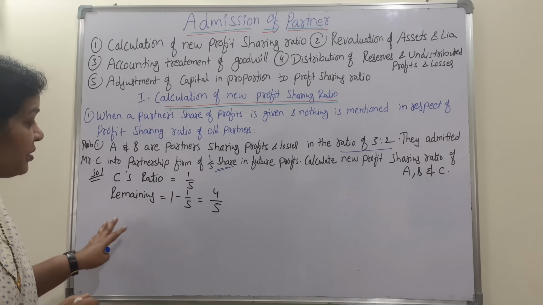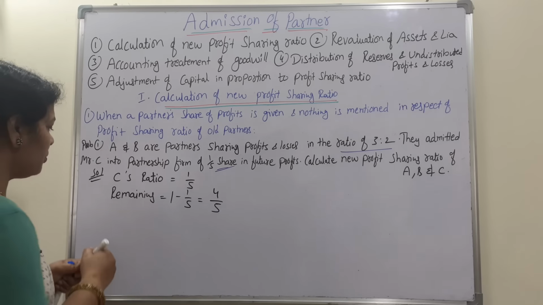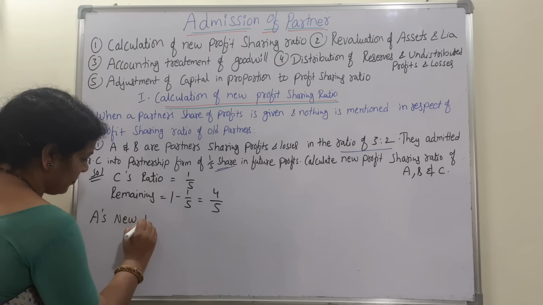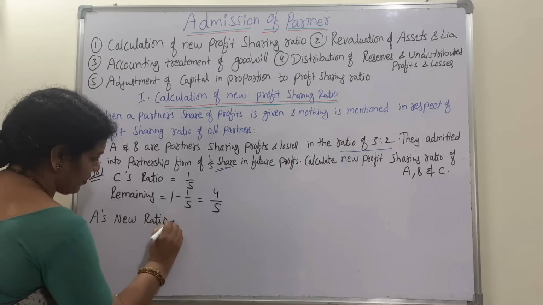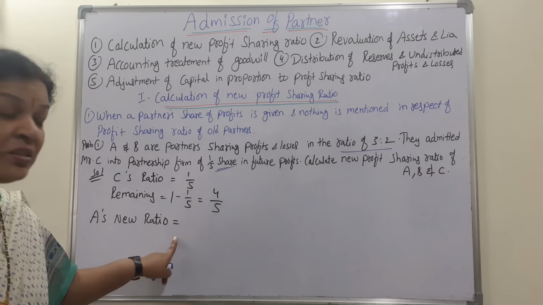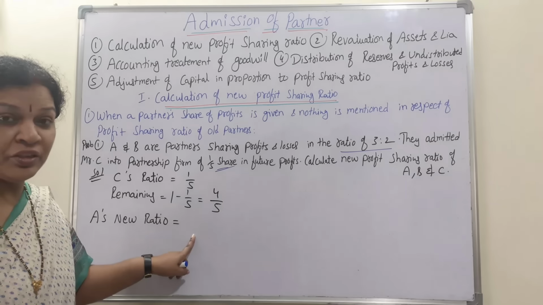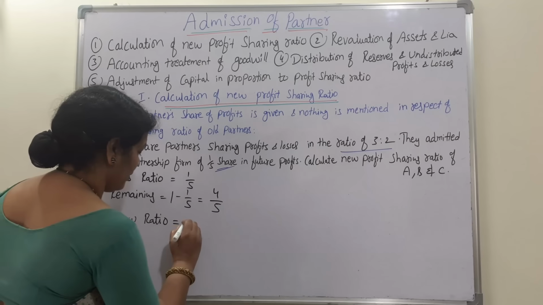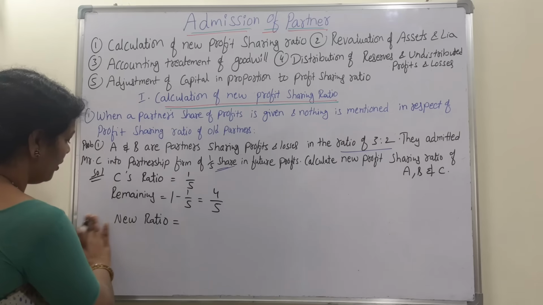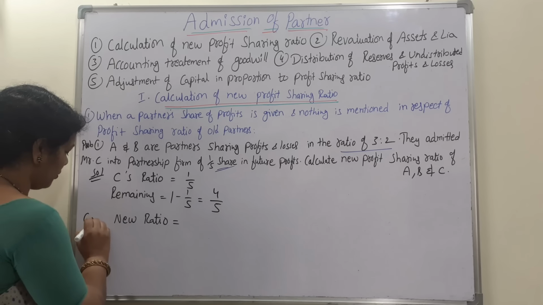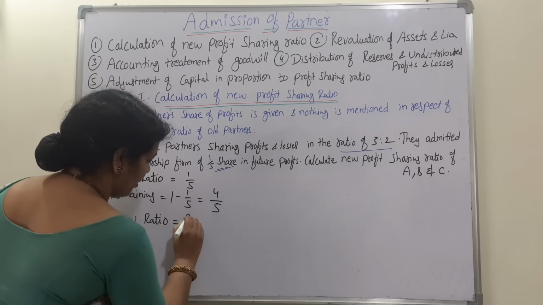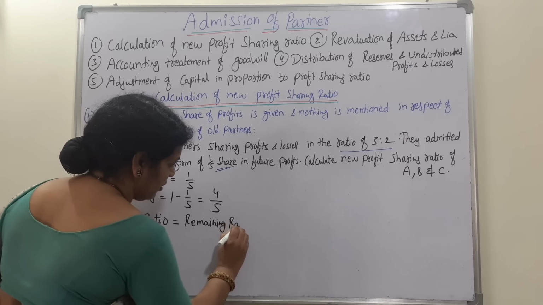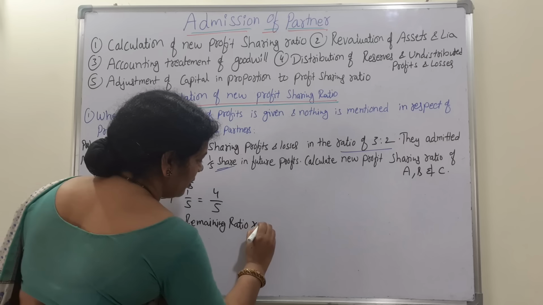Now we need to calculate A's new ratio. How do you get the new ratio? The new ratio is the remaining ratio into the old ratio.